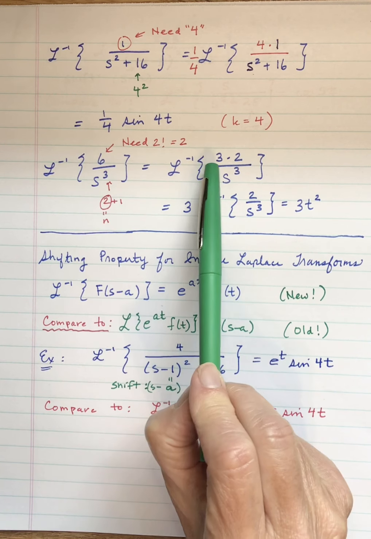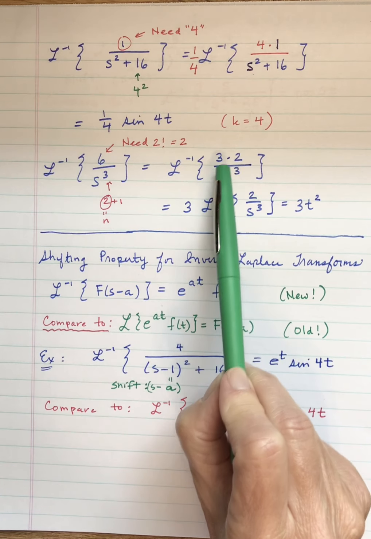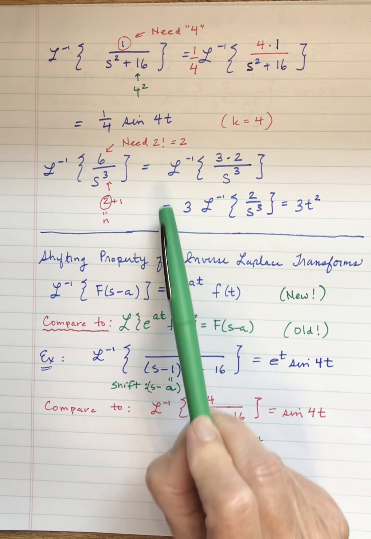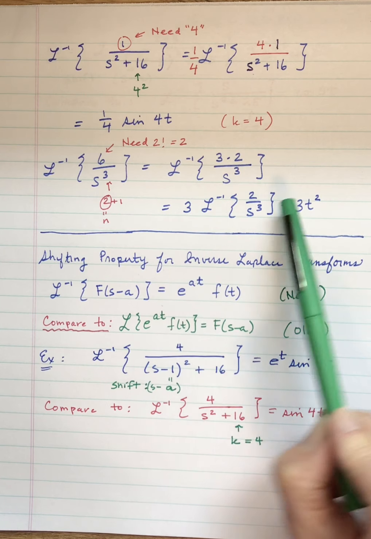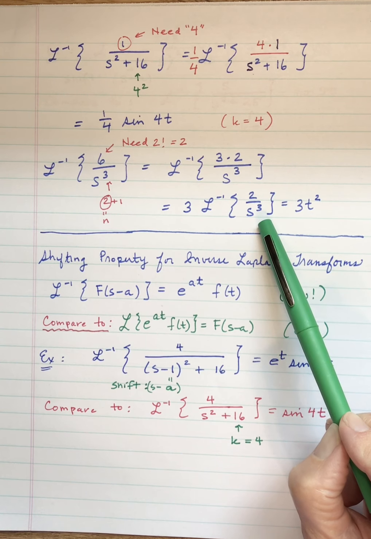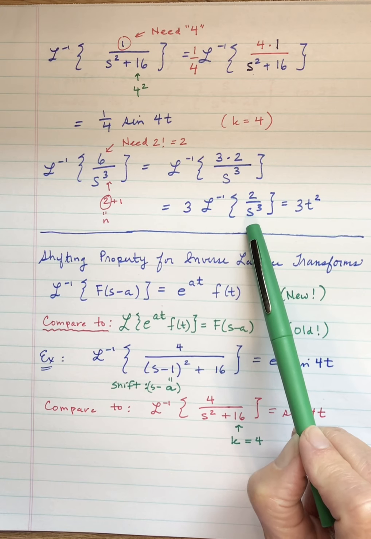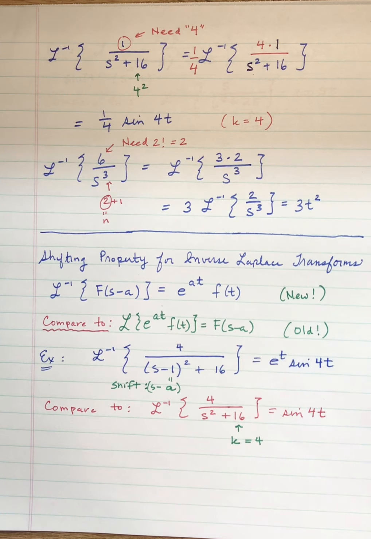I have 6. So I have 3 times 2. So I just factor the 3 out in front. That leaves me with 2 over s cubed. So the inverse Laplace transform for this is t squared, and you multiply by the 3. So we just use those properties, just manipulate the numbers to get it to match up exactly like you need it.